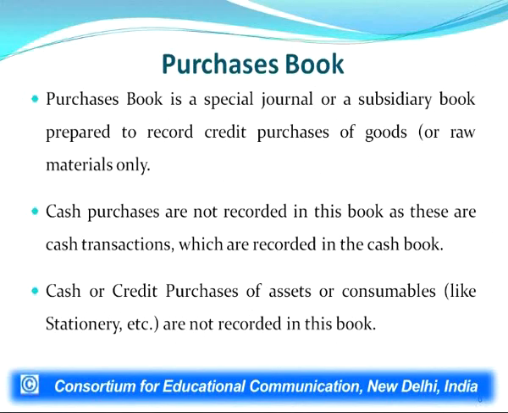It should be very clear that the purchase book is prepared for credit purchase of goods only, because in our earlier lectures we told you that the purchase account means only purchase of goods. So purchase of any asset or any consumable like stationery, which is for consumption, is not to be recorded in the purchase book.